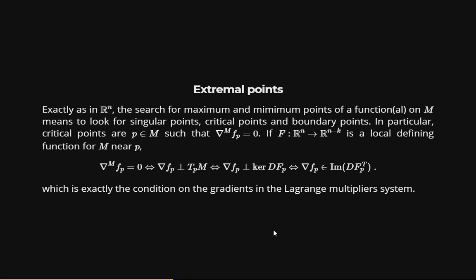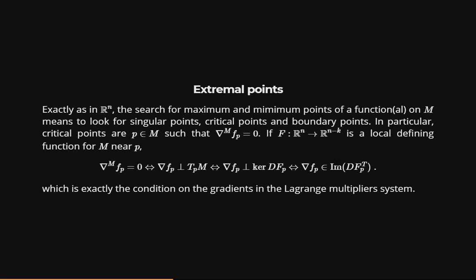Now, an exercise in real analysis and linear algebra, half and half: write down this condition, and you will see that this is exactly the condition of the Lagrange multipliers, in the case of n constraints, obviously. What does it mean for the gradient to be in the image of the transpose of the matrix?